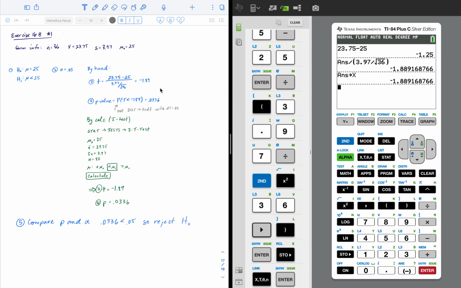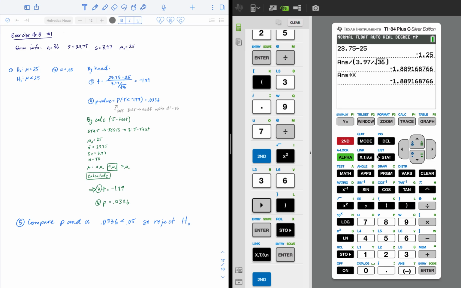For step 4, to find the p-value, we want to find the probability that we would get an output of less than negative 1.89 in a t distribution. So here we're going to go to our second distribution.